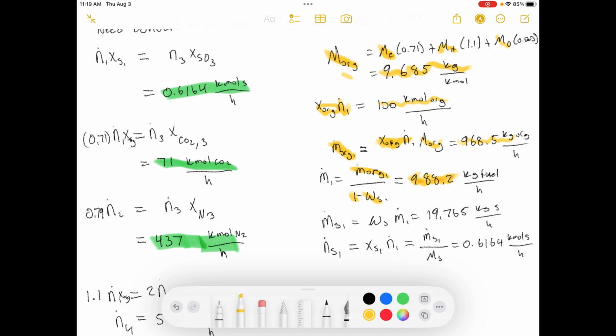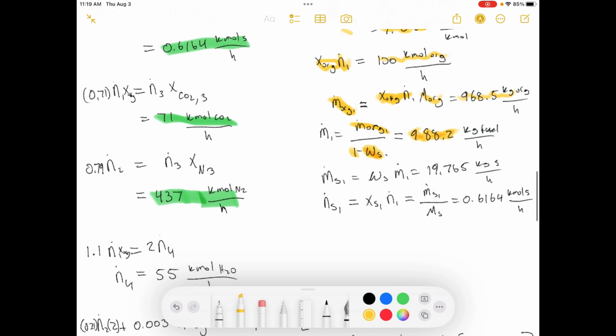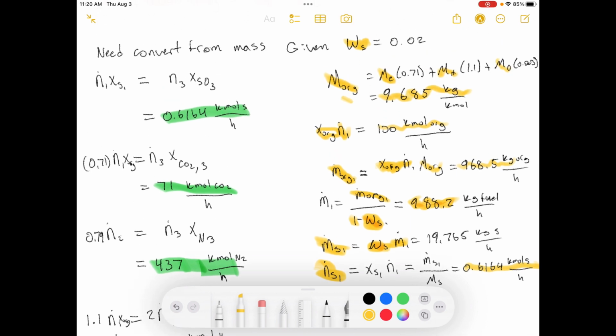And if you know the total amount of mass flowing in, then you can back calculate what the weight percent of sulfur is. We know what the weight percent of sulfur is, so now we can figure out what the mass flow rate of sulfur is. And once we know that, we can turn it all the way back into moles, right? So now we have a molar flow rate of sulfur.